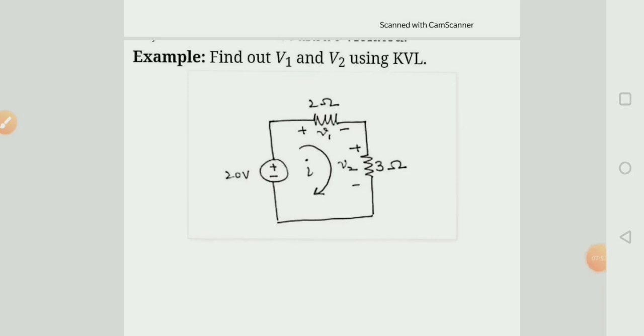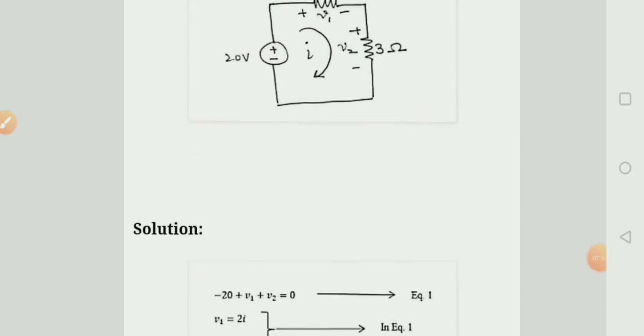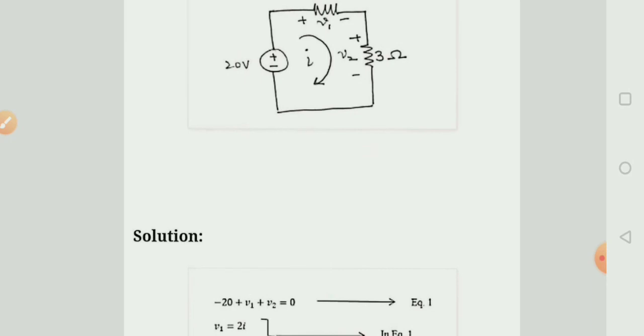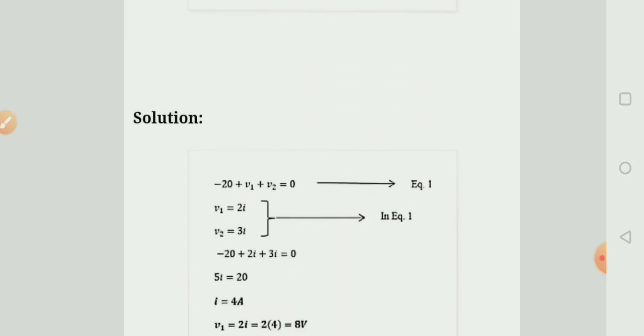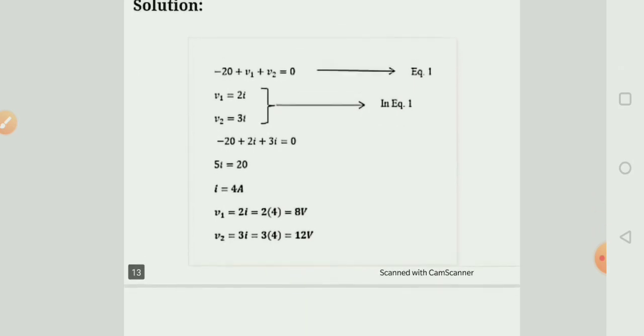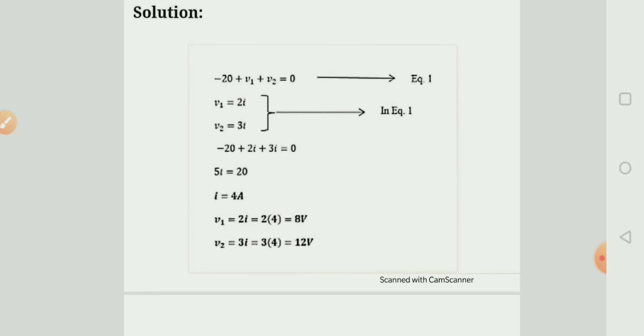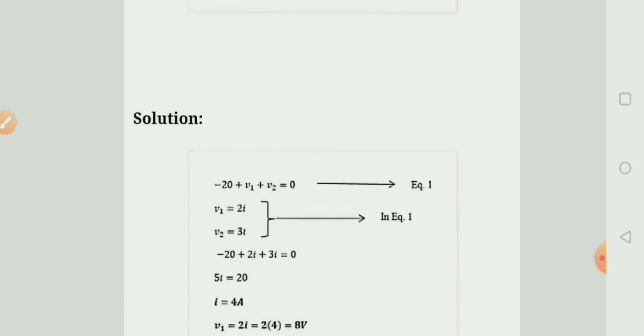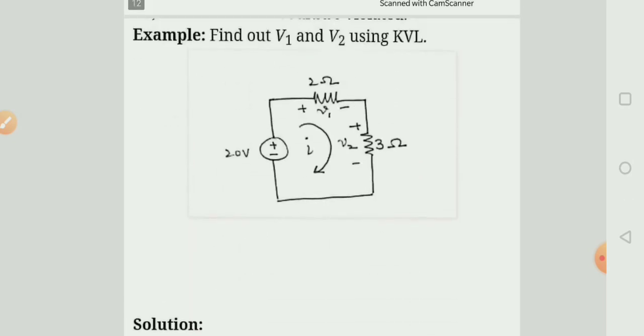Now if we write the equation for this circuit, it becomes minus 20 plus V1 plus V2 equal to 0. We know that V is equal to I into R. So V1 is the voltage of this element.